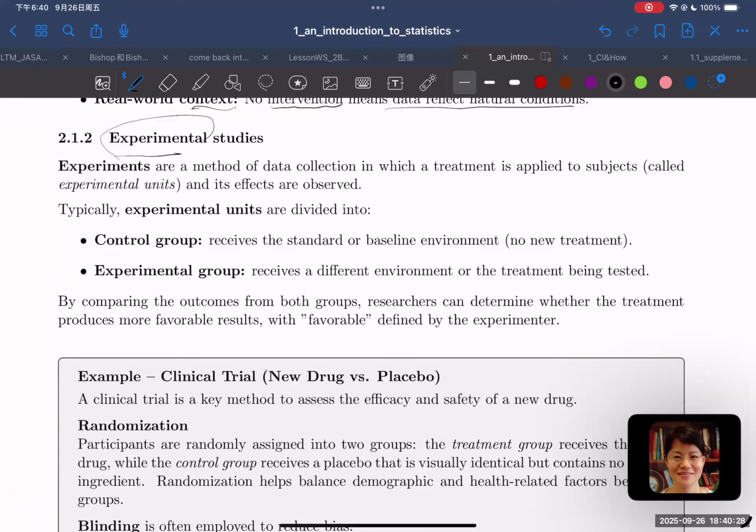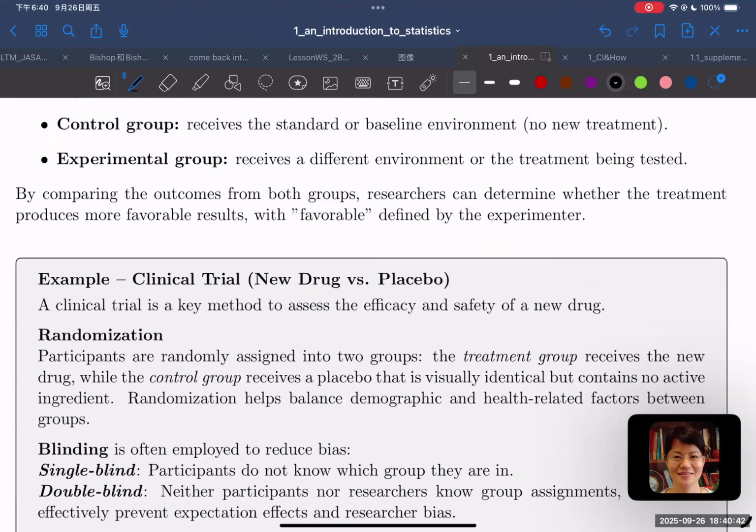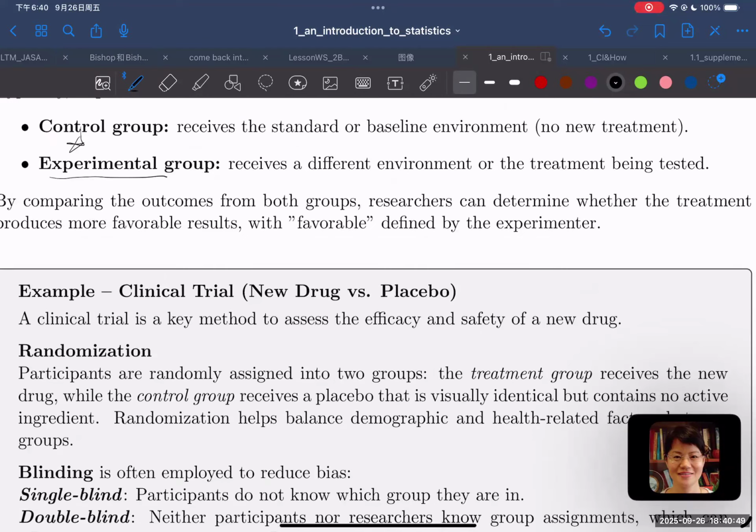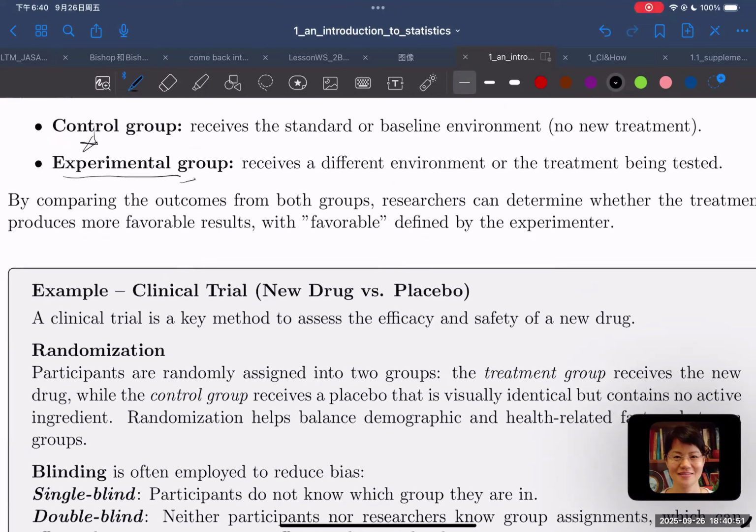Here, for such data collection methods, the treatment is applied to subjects called experimental units, and its effects are observed. Typically, such experimental units are divided into two: one is the control group, and one is the experimental group or treatment group.